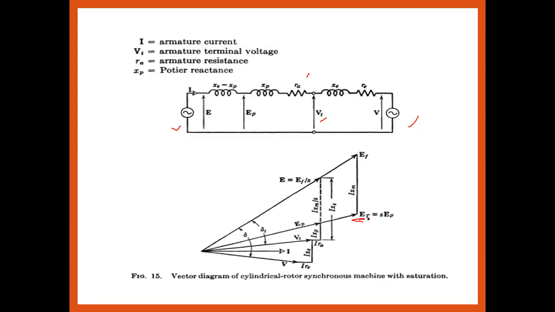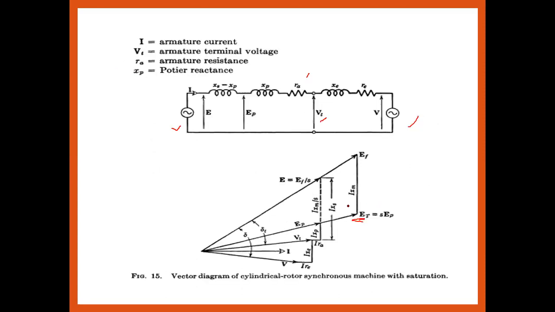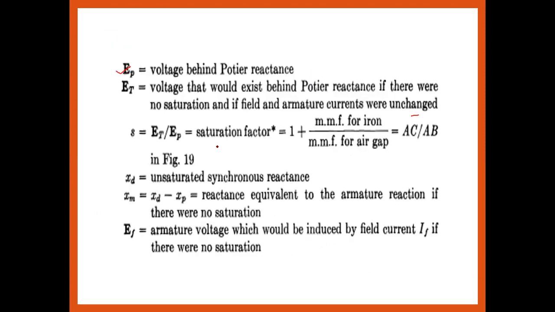Means what? Their field current and the armature current should be unchanged, so that we get a steady value, the same as compared to the voltage behind the Potier reactance.